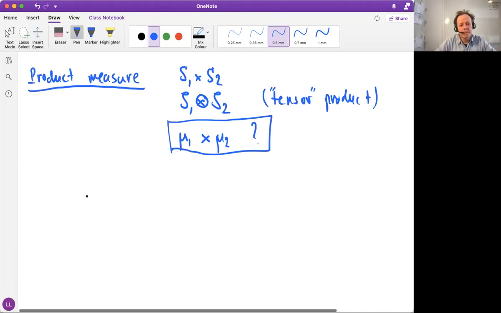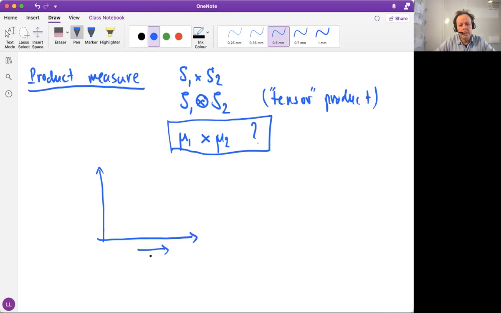What is the intuition? Maybe the intuition is here. Again, think about A1 being a set in one space and A2 being a set in the other space. Think about a box of this sort. What should be the measure of this box, if we have a measure mu1 here and mu2 there?